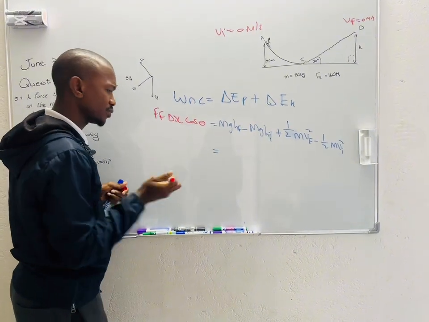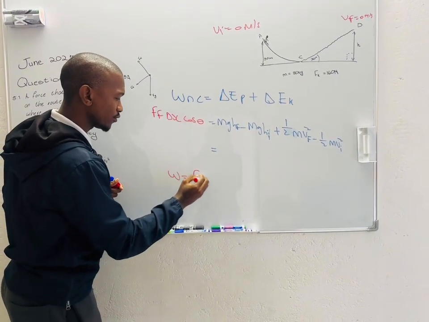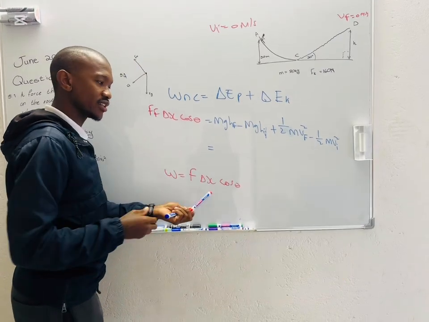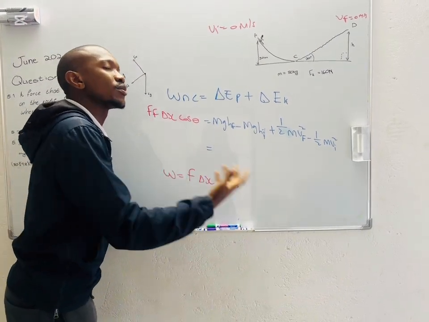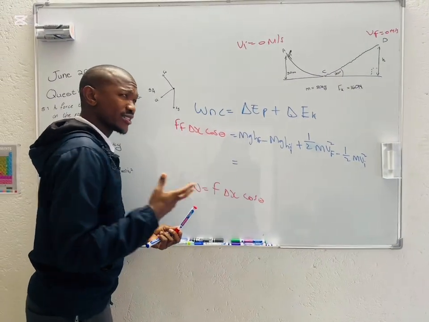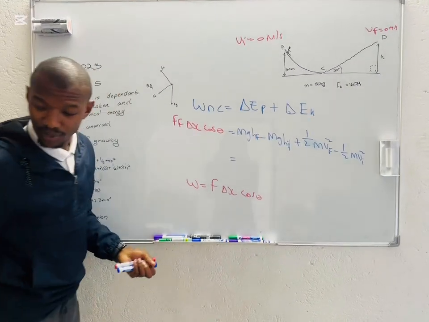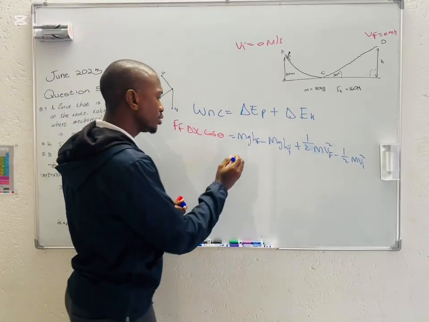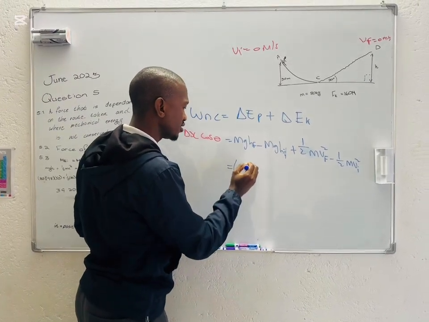I hope it makes sense because we know that work done equals force, change in x, cos of theta. This is the formula of the work done on an object by any force. Since the force that is present is the frictional force, we apply that there. Now I'm going to put my mass, which is 80 kg.